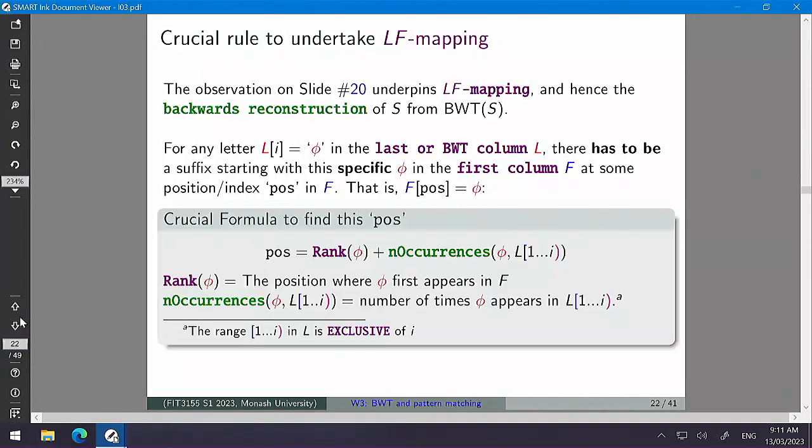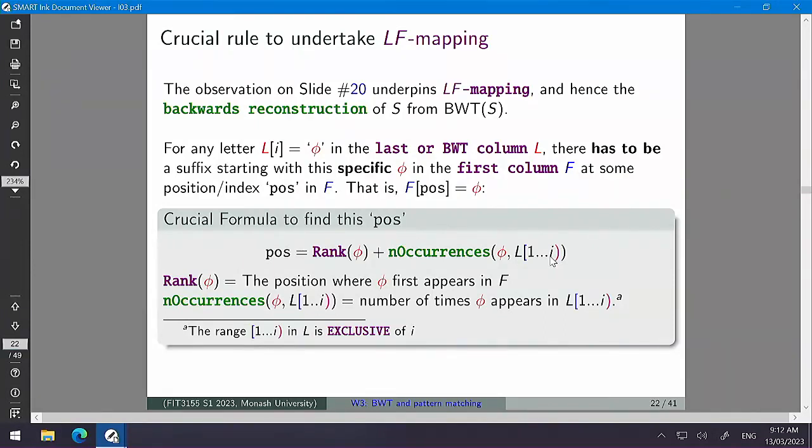Okay, I've given you the essence that to compute a mapping from last to first, the position is computed as the rank of that character plus the number of times I have seen that character from the start to the letter. So you're pointing to the letter at some position i, so 1 to i exclusive. You only want to compute how many times I've seen that letter before.